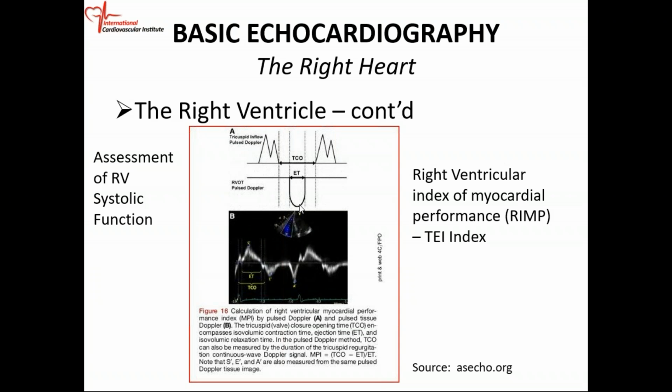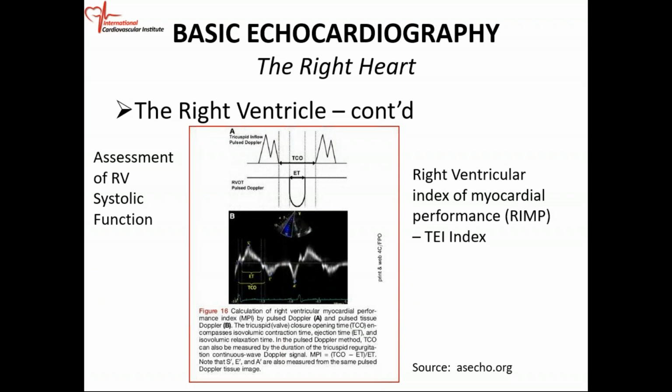So you have to do two assessments, and you can use Doppler techniques: you can do tissue Doppler, or you can use your mitral inflow and your RV outflow together.